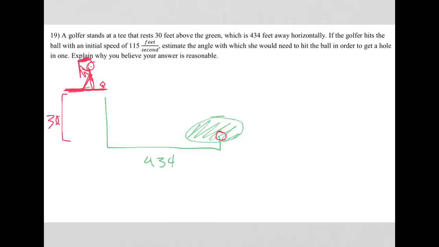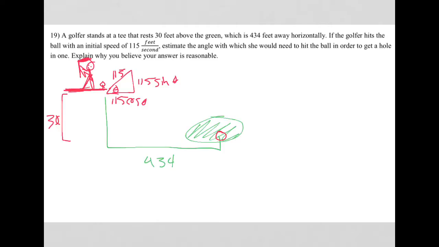So what do we know? Well, what do we not know? We don't know the angle. Based off of this terribly out-of-scale drawing, it's probably going to need to be like that. We don't know this angle theta. We know that the velocity is 115, so we can find the vertical, 115 sine of theta, and the horizontal, 115 cosine of theta.